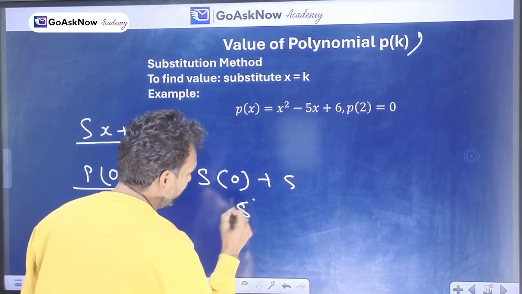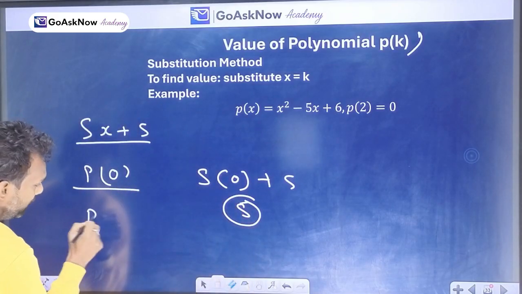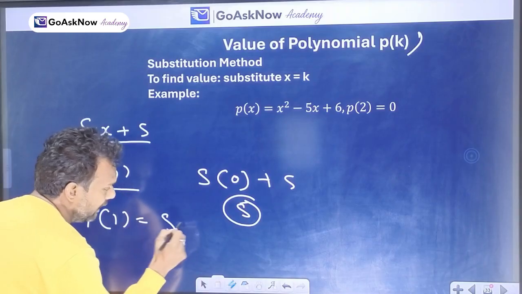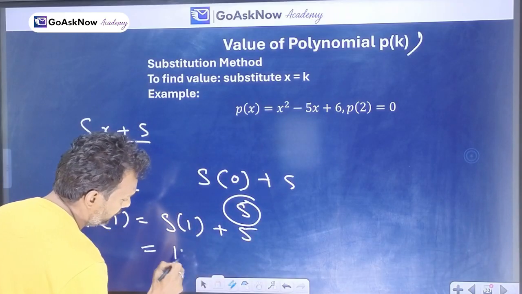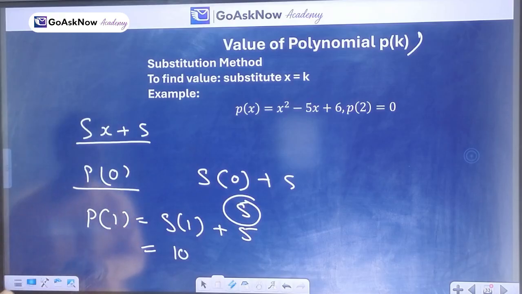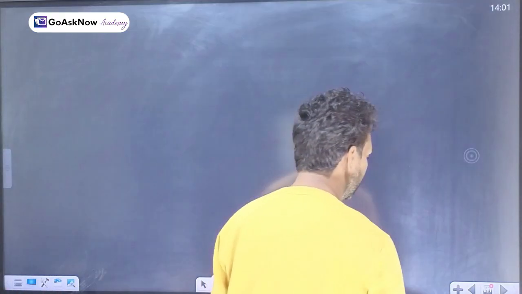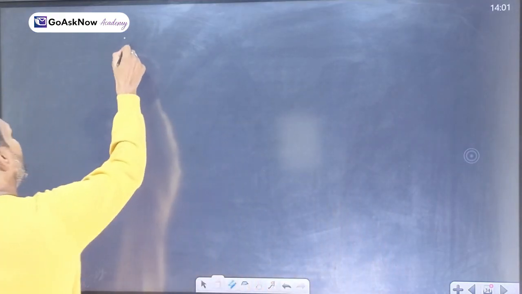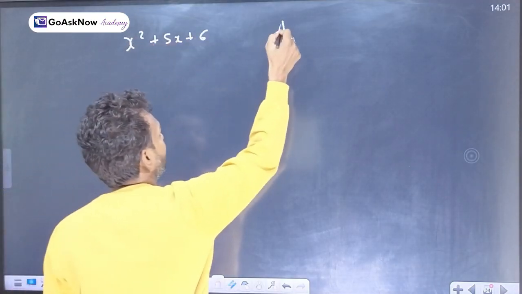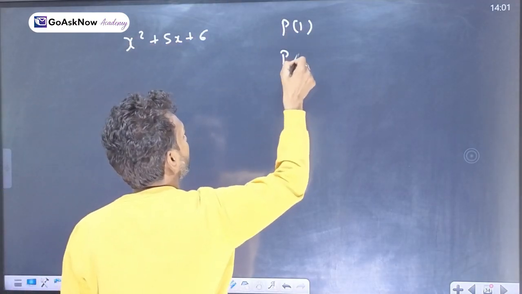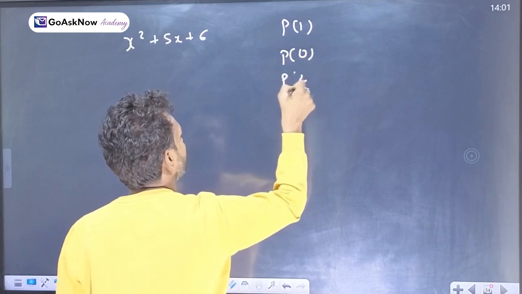What is P(0)? We will put 0 in place of x and then solve this. So the answer is 5. What is P(1)? I will write 1 in place of x and then solve it. The answer is 10. Let's take another example of a quadratic equation. For x square plus 5x plus 6, let's find out P(1), P(0) and P(2).